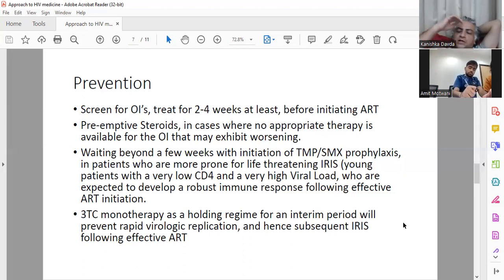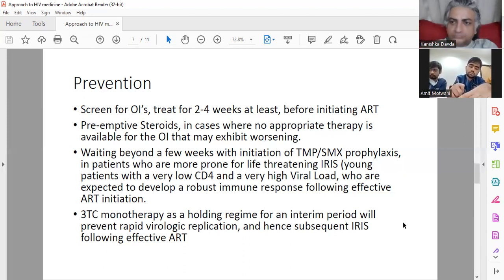बराबर? Now there is a new study which showed that the patient is having TB. You have given him ATT for 2 to 3 weeks, 4 weeks. Then you are starting the ART. So giving him steroids when you start the ART at a moderate to smaller dose actually prevents the IRIS and was shown to reduce the mortality, morbidity.